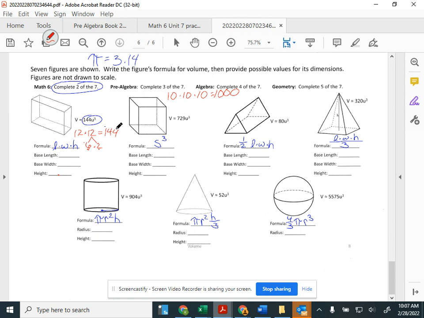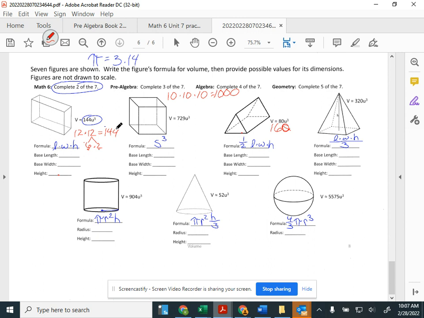Some of these other formulas are a little bit trickier. I look at my triangular prism, and I see at the end I'm dividing by 2. So my first step is going to be multiplying it by 2. So 80 times 2 is 160. Now what 3 numbers can I multiply together to get 160?